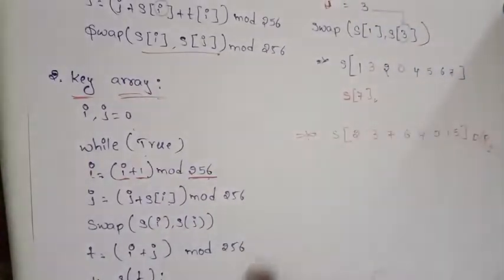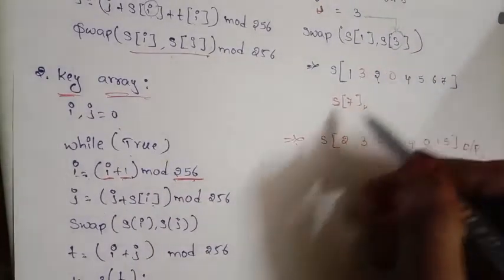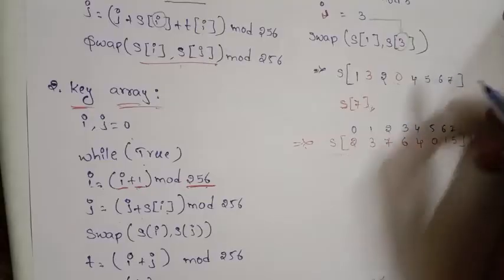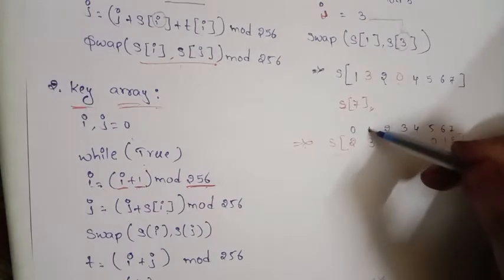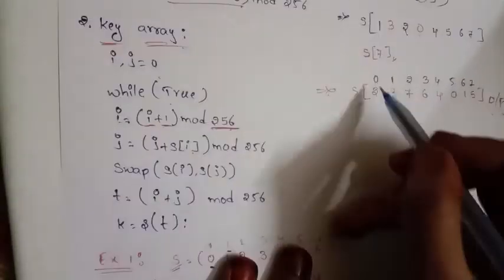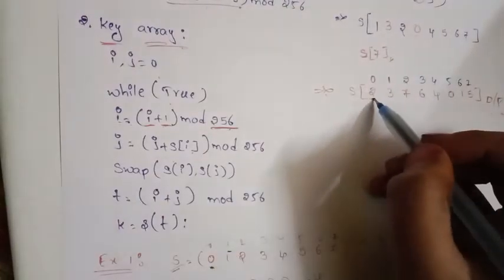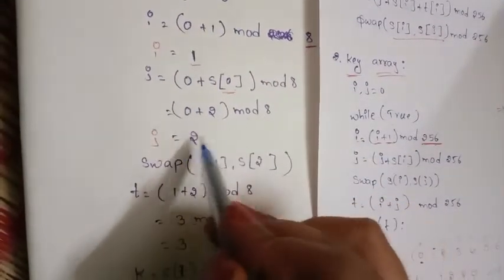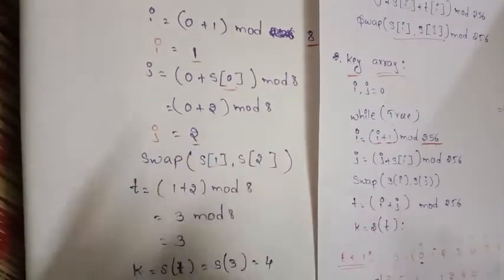How do we say that? This is the S array, so here 1, 2, 0, and this is the S array indexed 0, 1, 2, 3, 4, 5, 6, 7. So now the S of 0 value is 2. Just write it here: 2 mod 8, and 2 mod 8 is 2. The j value is 2.